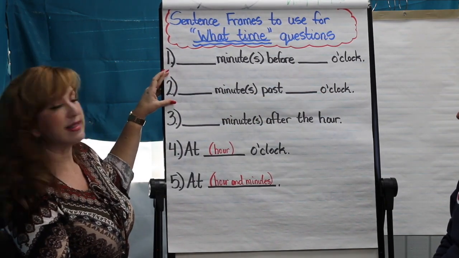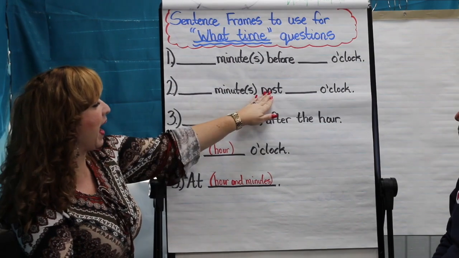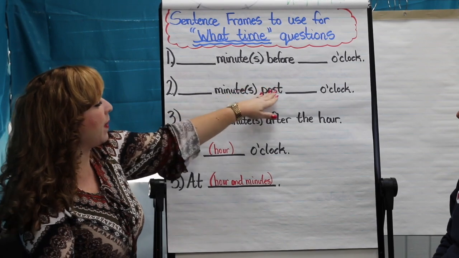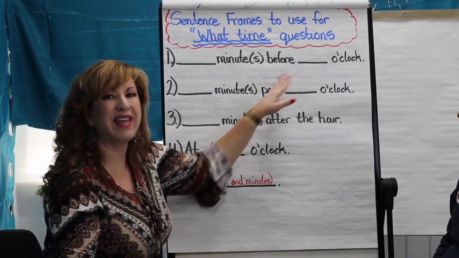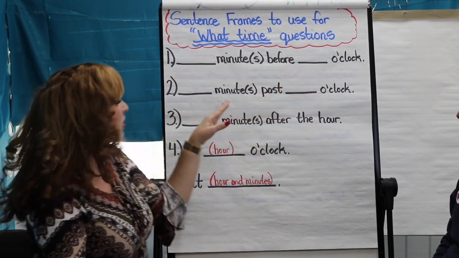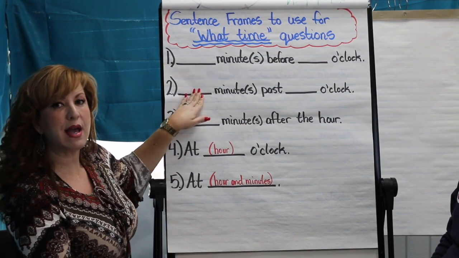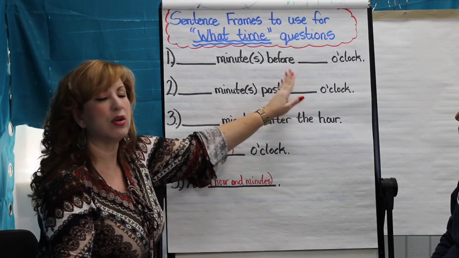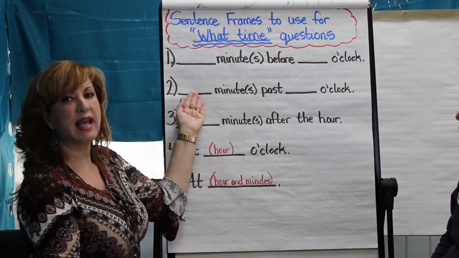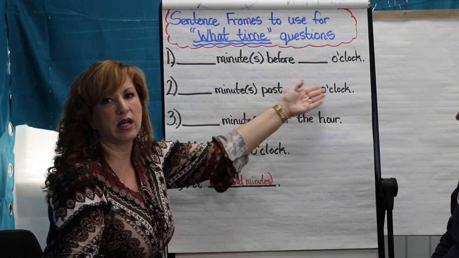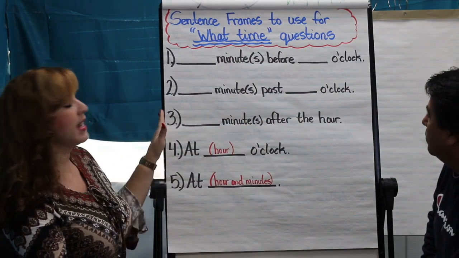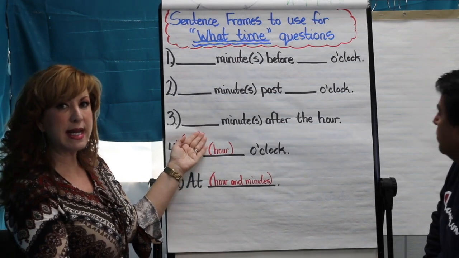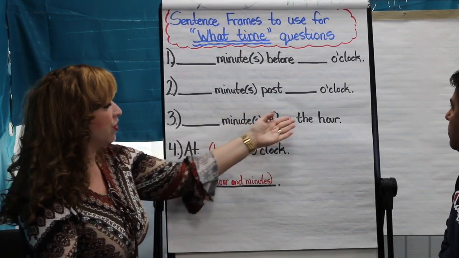Now, here is the second sentence frame, and this is past the clock. Okay, so here it would be 10 minutes past 1 o'clock. That means it would be 1:10. So again, you plug in the number of the minutes that have passed the hour. So for example, again, 10 minutes past 1 o'clock. Okay, the next sentence frame that you could use is that you put in how many minutes after the hour.